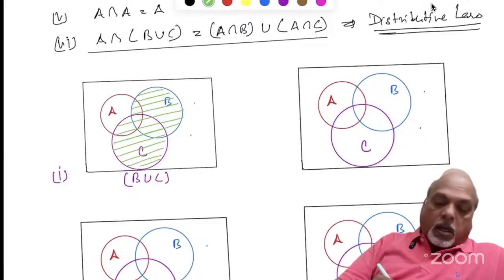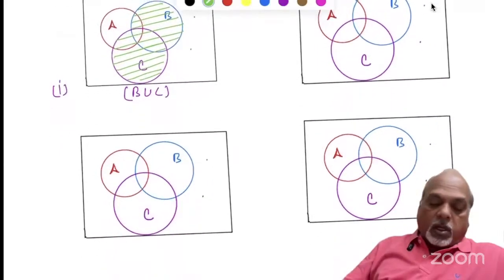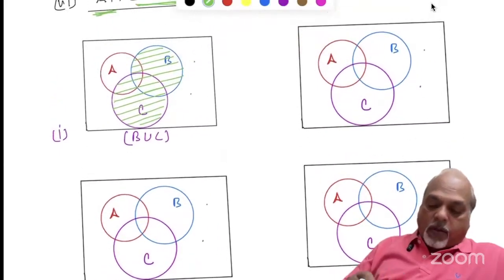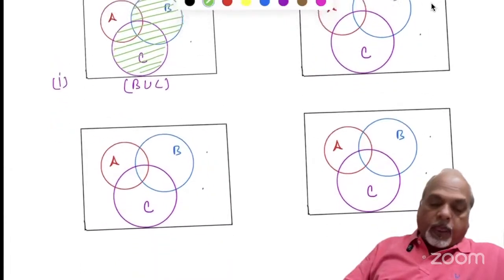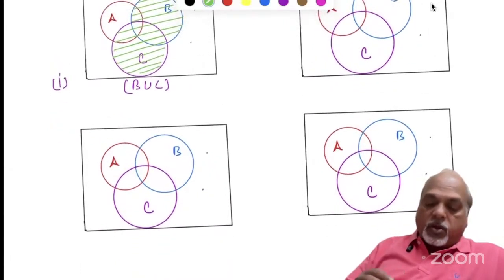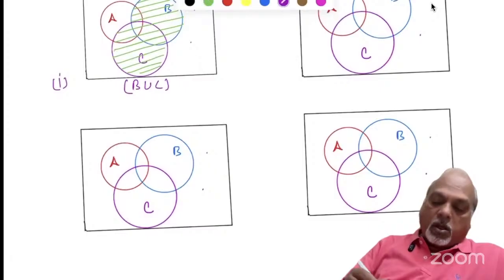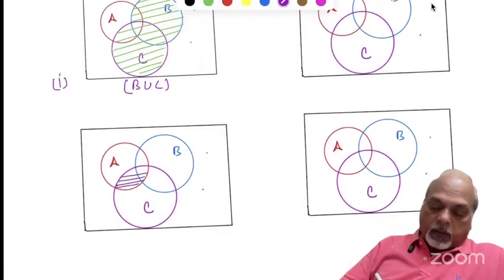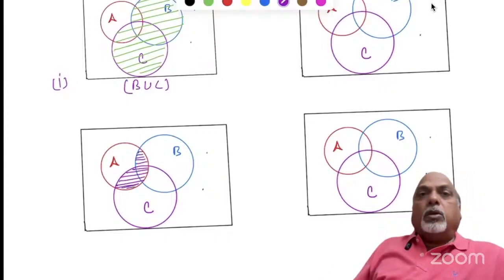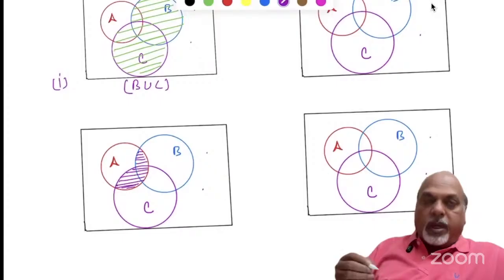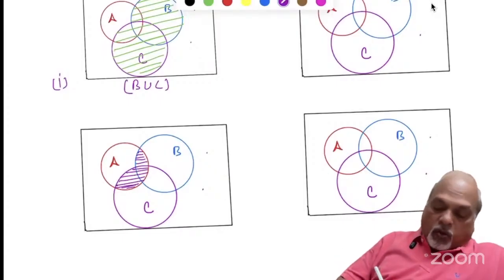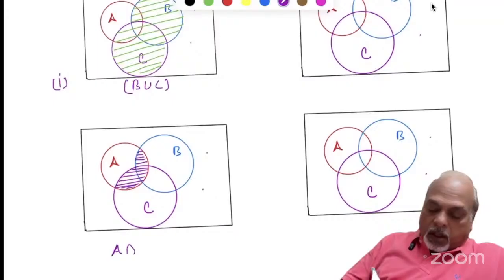Now this is your B union C, and then A intersection (B union C). So we have to see what is common between B union C and A. What is common is nothing but only this much. So the portion of B union C which is common to A is only this much.